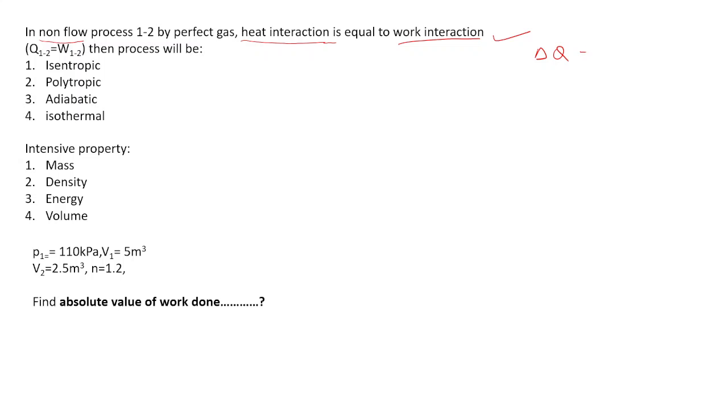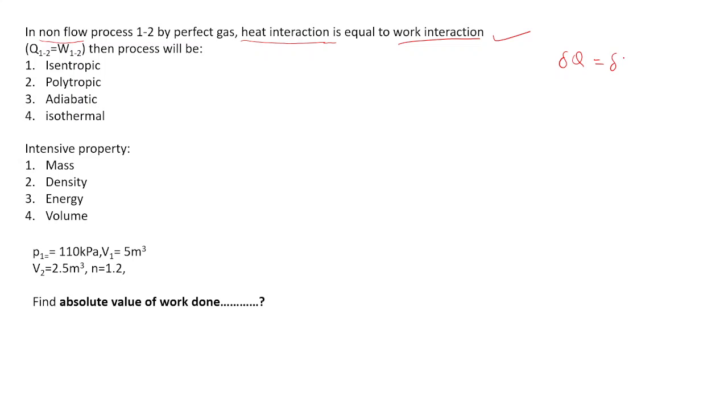Here it says del Q is equal to del W. The first law of thermodynamics states that the heat interaction in a cycle is equal to the work interaction in that cycle. But here a cycle is not there, it is for a process only, right? So this is the difference.